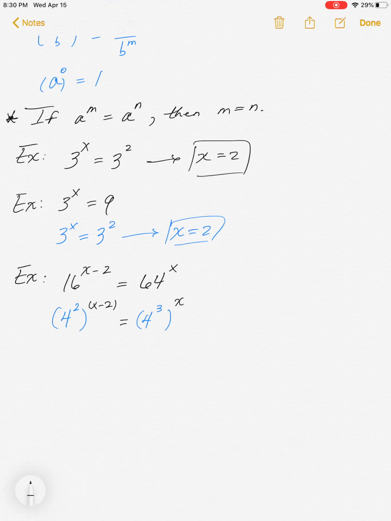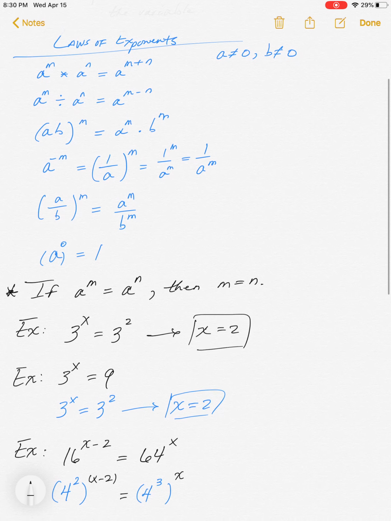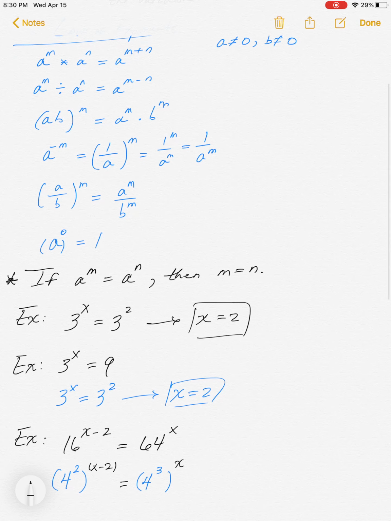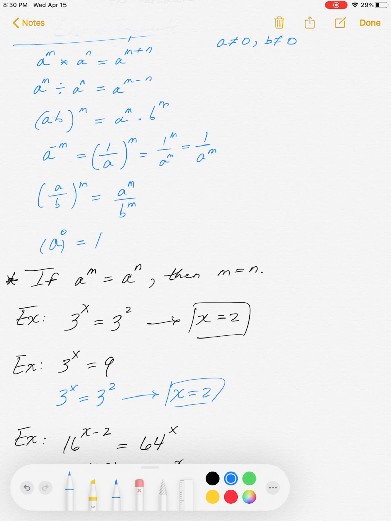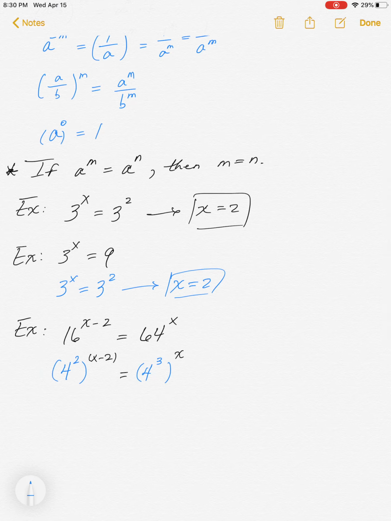Now the reason I wanted you to see that is because now you got to recall some of these laws of exponents. Did I not put that up there? No, I did not. Before we finish this, we need power to a power in our laws of exponents. Power to a power: if you have a to the m, raised to the n, you multiply exponents. Here we have power to a power.